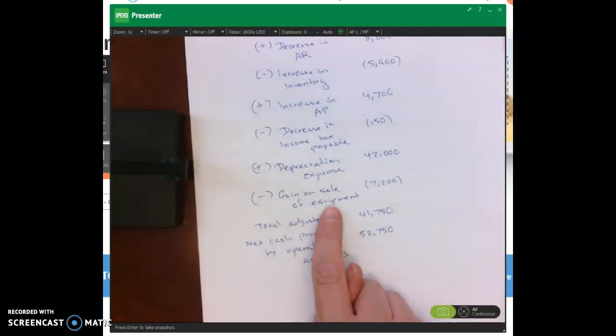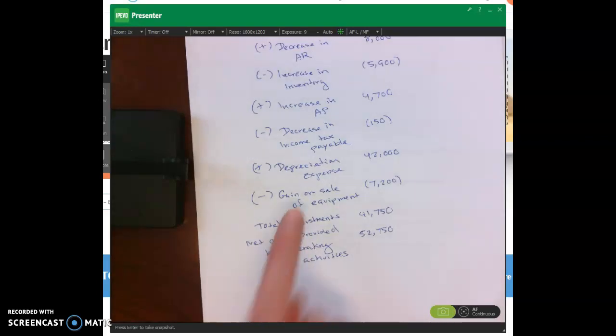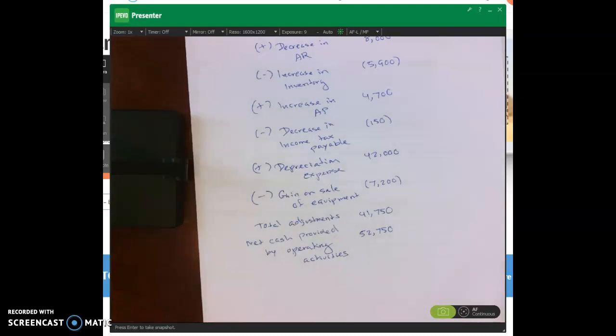Why do we subtract out the non-operating gain? Because we want cash flow from operating activities. And by definition, this is non-operating. So we want it out. And that's why we would add back a non-operating loss. In the context of this problem, they did not have a non-operating loss, so there's none to add back, but if they did, we would add it back.